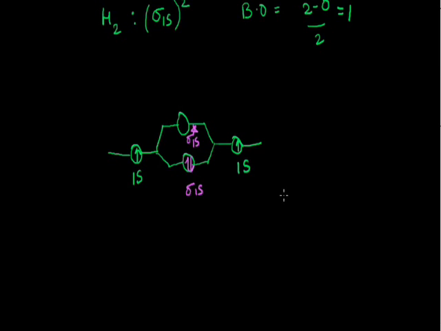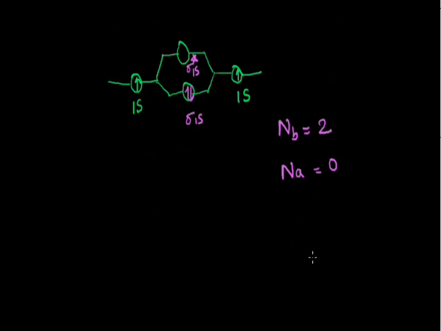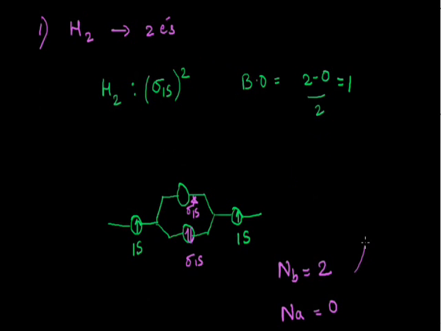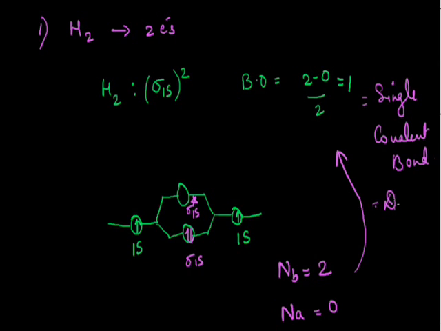And so we get the number of bonding electrons equal to 2 and number of anti-bonding electrons equal to 0. And so the bond order comes out to be 1. This bond order also shows that this molecule has a single covalent bond and it is diamagnetic in nature.